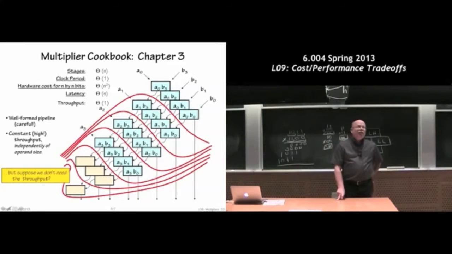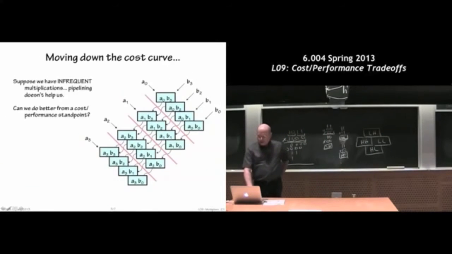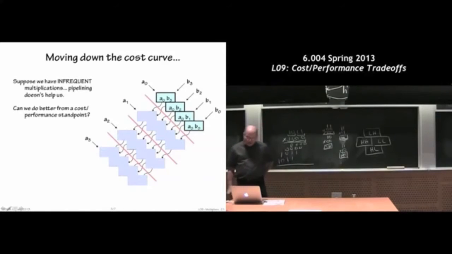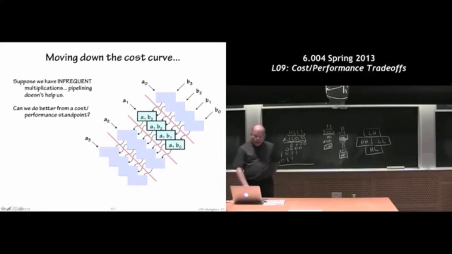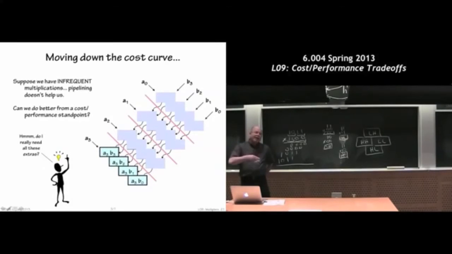Is there a way I can restructure this to get a hardware multiplier that costs much less than n squared? Well, let's think about our problem. Here we have one diagonal that's busy computing A0 times all the B bits, and this diagonal is computing A1 times all the B bits and taking the result from the previous diagonal and putting it together, and so forth. Think about how the problem differs as I go from diagonal to diagonal.